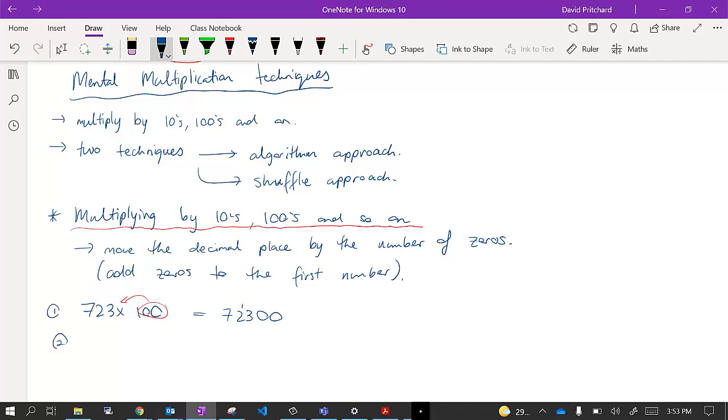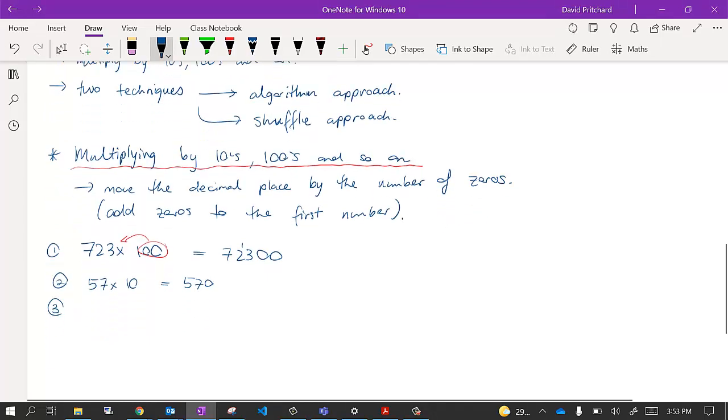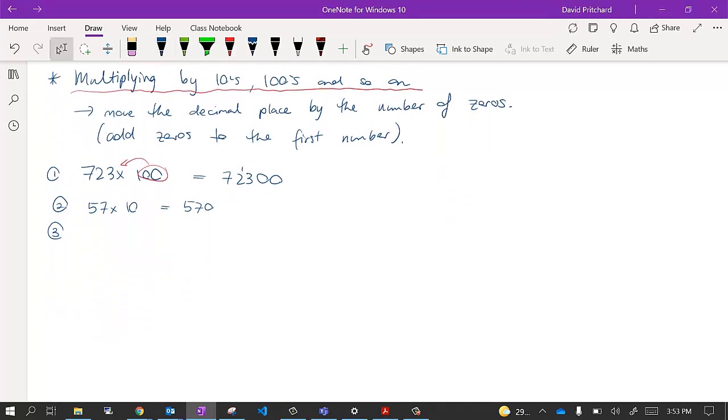We could also look at 57 multiplied by 10. Again, the same idea. The 0 joins the 57 and we get 570. It doesn't matter how many zeros we do with this type of thing. We could look at 1247 multiplied by 10,000.